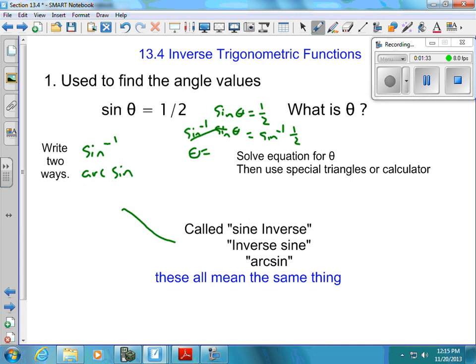If you look at your unit circle, well, that's 30 degrees. I'm going to show you how to do it on the calculator here in a little bit as well. But that's really what we're doing. We're doing arc sine, arc cosine, arc tangents today. You can use special triangles or a calculator. There's a button on our calculator, like I said. So stay tuned.